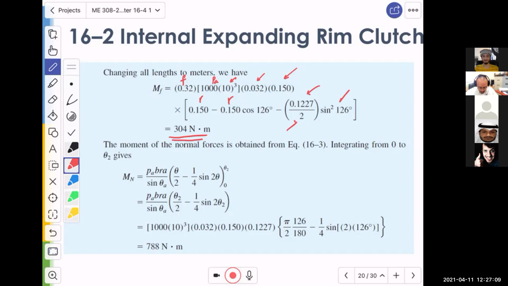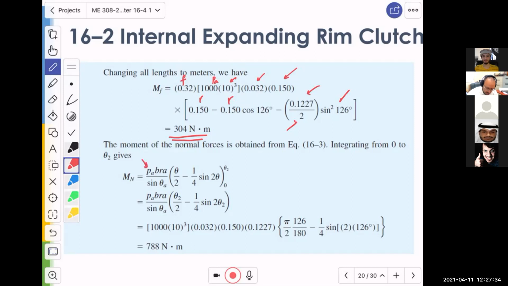Okay. Now let's move to the next one. Remember, once we find these, we can subtract them and divide by C, and then we get F, the actuating force. So we move on to the next equation, which is the Mn. Remember, this is now integrated.